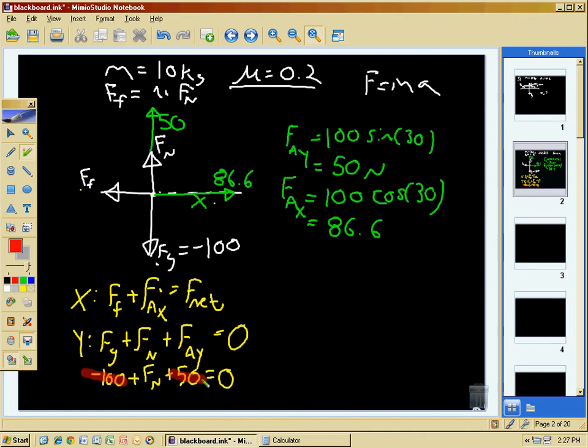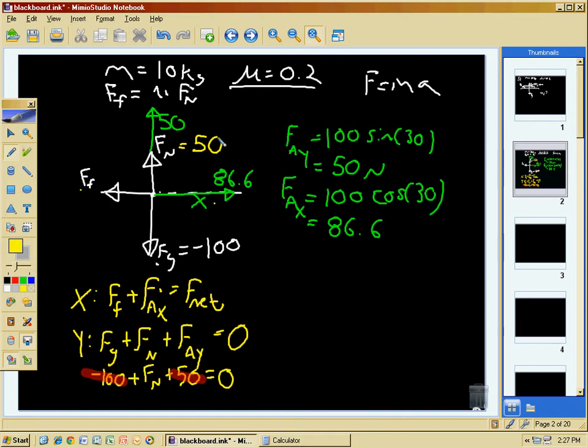So negative 100 plus 50 is going to give us negative 50, plus the normal force equals 0. Therefore, the normal force must equal 50 newtons. So, gravity pulls down with a force of 100. We pull up with a force of 50. The normal force takes care of the remaining 50.